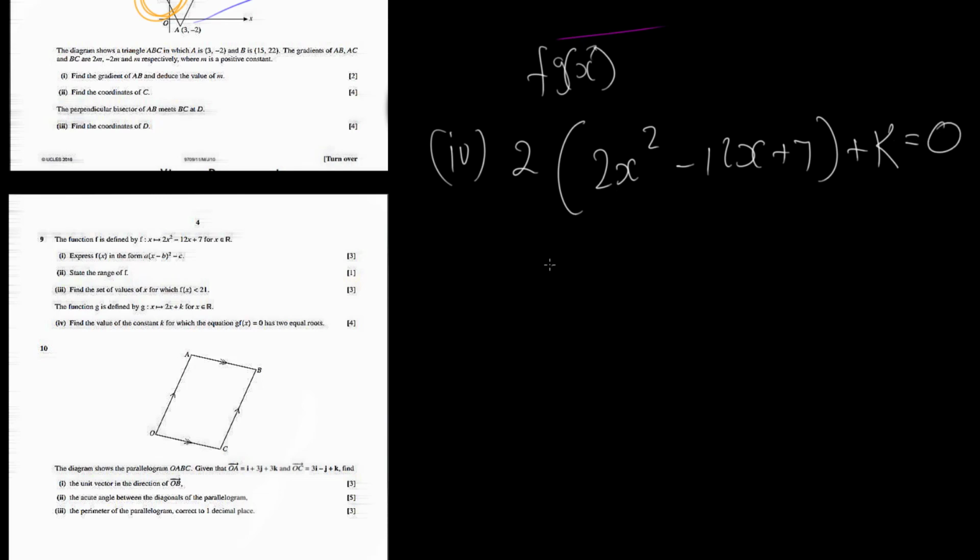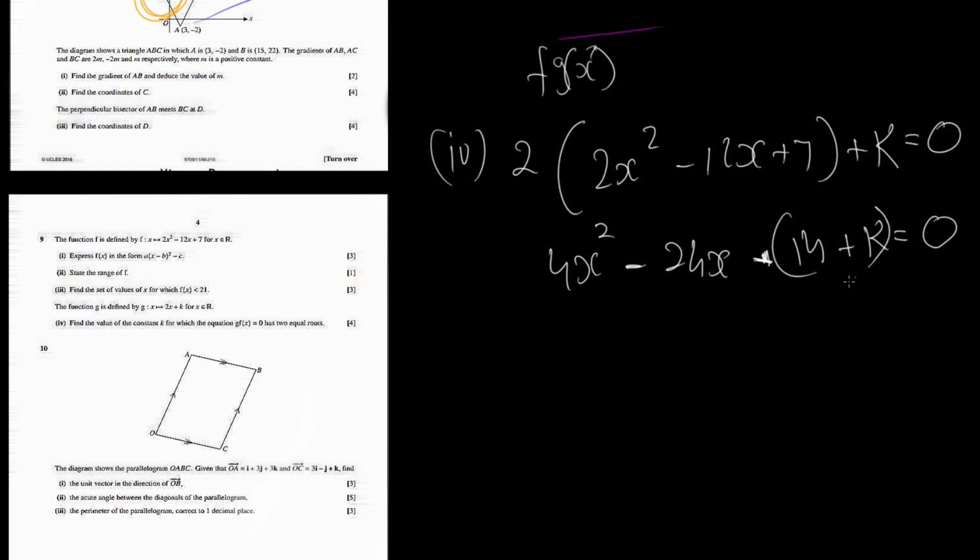And all I'm doing is solving for it. So this will give me 4x squared minus 24x plus 14 plus k is equal to 0.